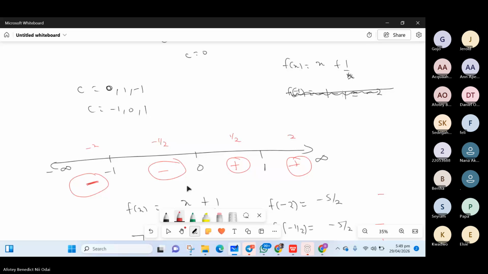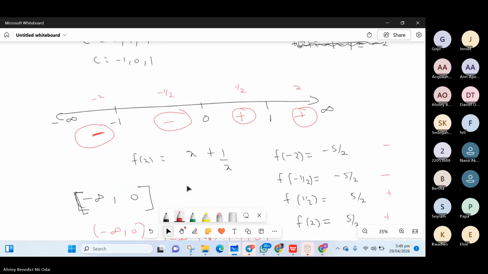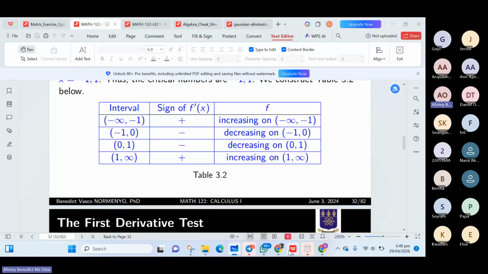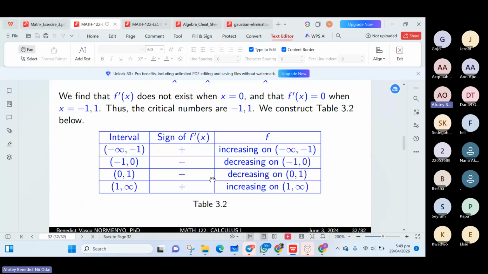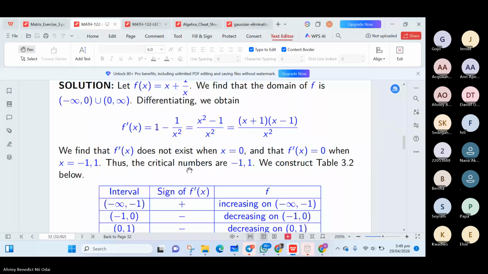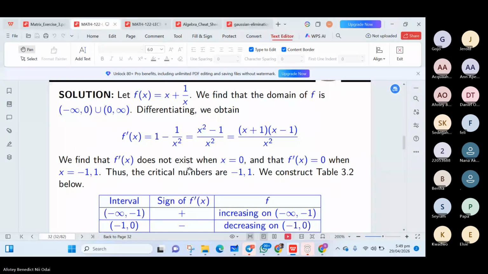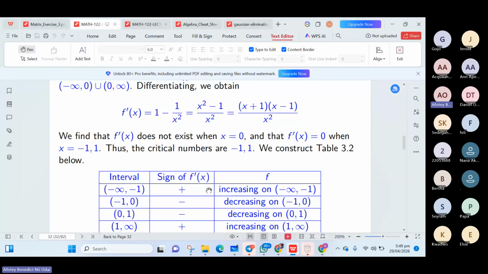Wow. So let's cross-check this. Why is it increasing on this interval? Let's go back and cross-check our solution. We use the test value -2.